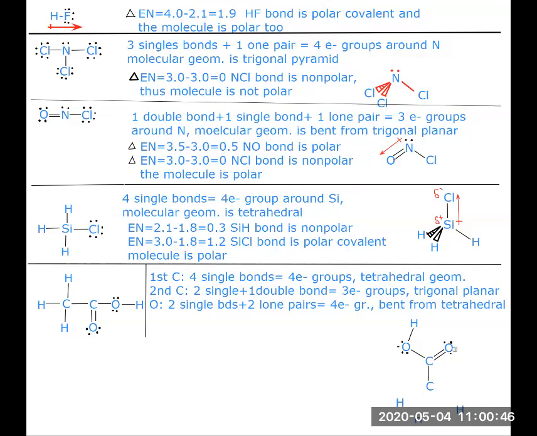That oxygen also has its lone pairs. But you understand why this one is bent. The oxygen molecular geometry is bent from tetrahedral, and that's because you have 4 electron groups around that oxygen. The 2 lone pairs and the 2 single bonds. And so the 2 lone pairs are repelling the 2 bonds, making that geometry look bent.